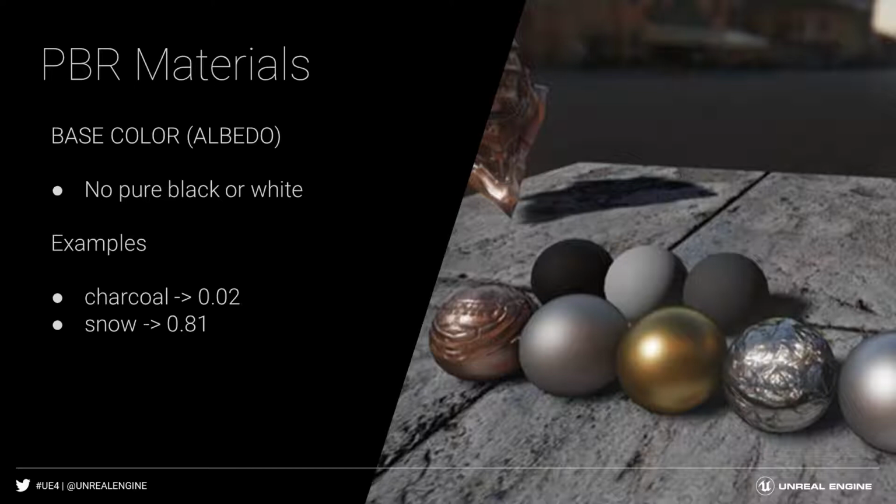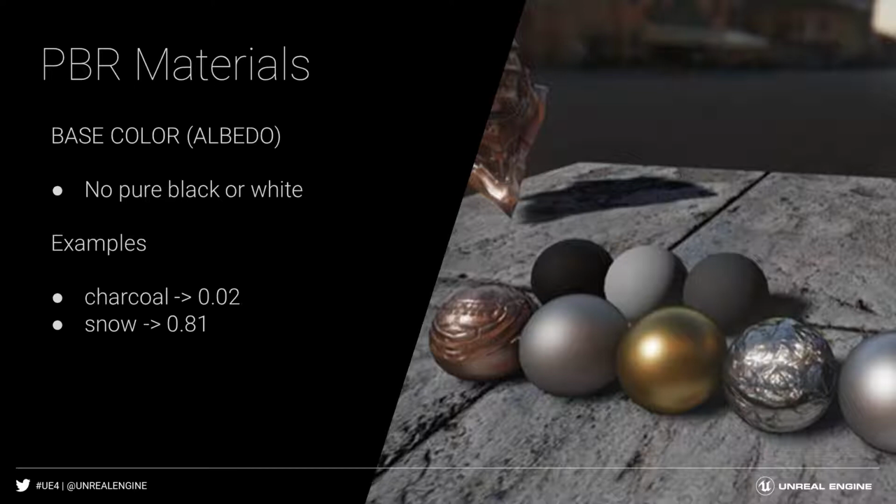Now, when working with base color for ray tracing, there are some things to keep in mind. First of all, you want to avoid high contrast base color materials or textures. You want to keep them kind of low contrast so that they'll look more realistic. And another important thing to keep in mind is that in nature, there are no pure black or white textures.